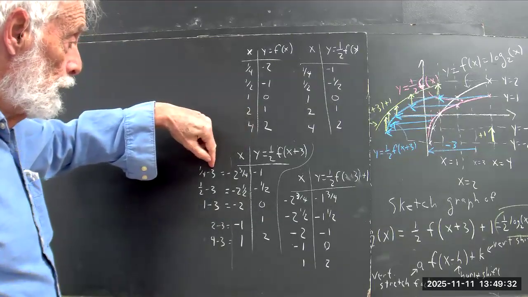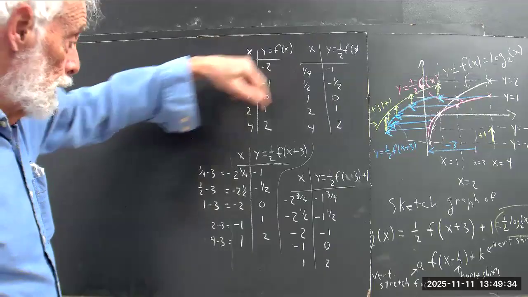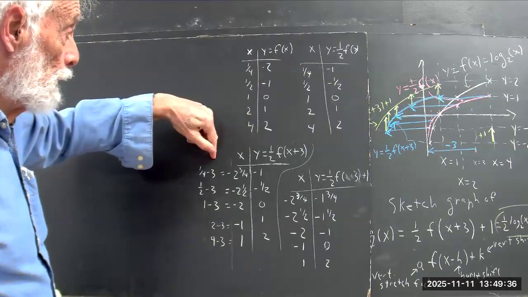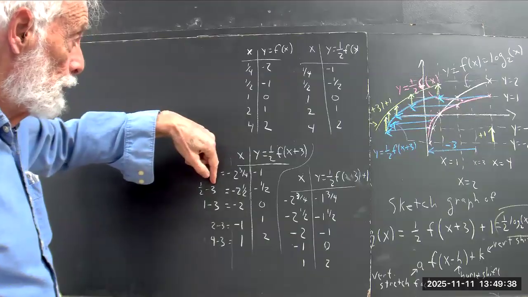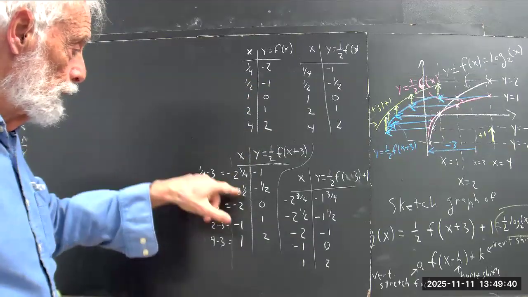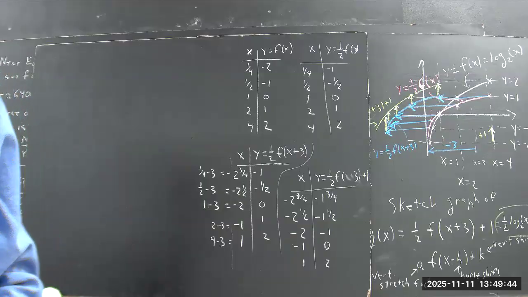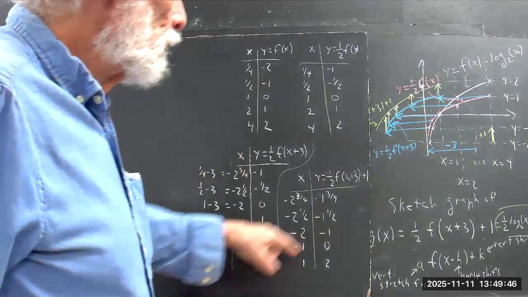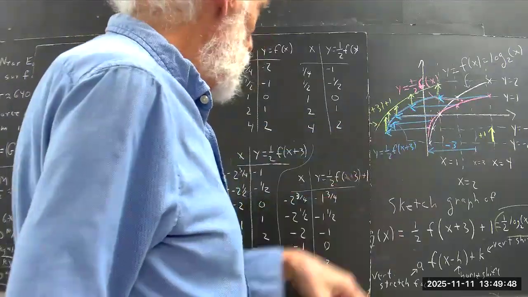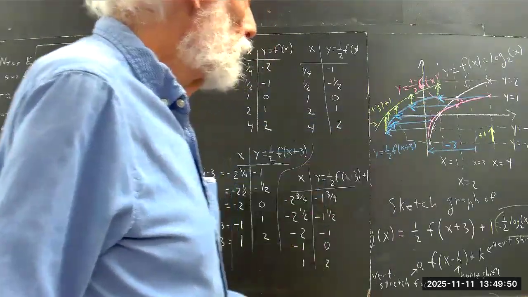We're going to subtract 3 from all the x values we had here. This is 1/4, 1/4 minus 3. 1/2 gives us 1/2 minus 3, and so forth, all the way down the line. Okay? And there are values, and they're going to match the values that we get when we shift these points over 3 units.